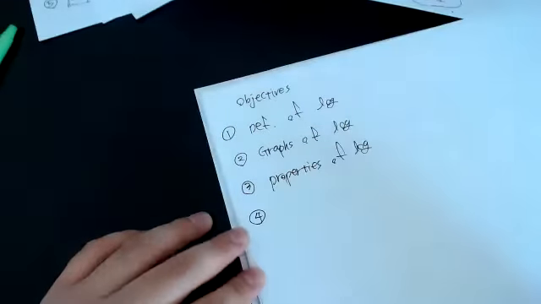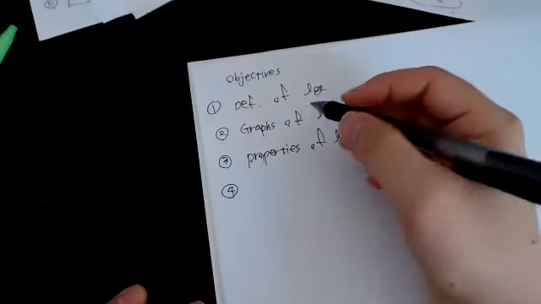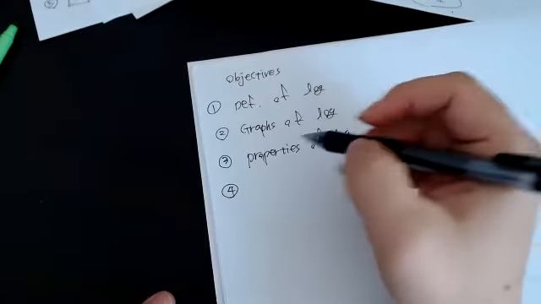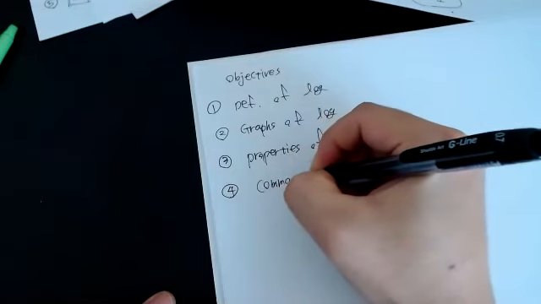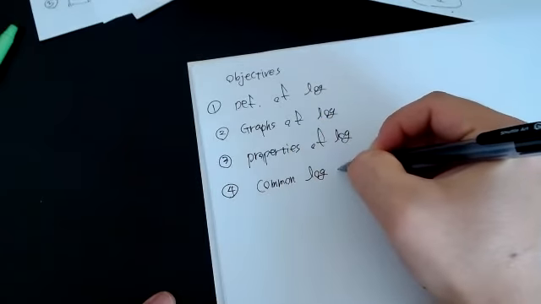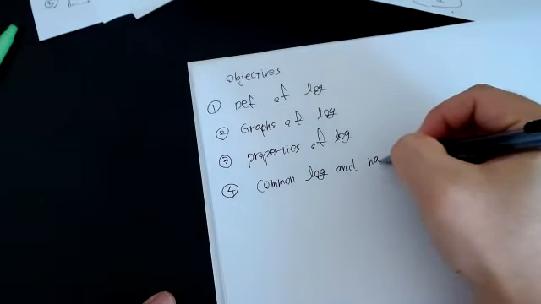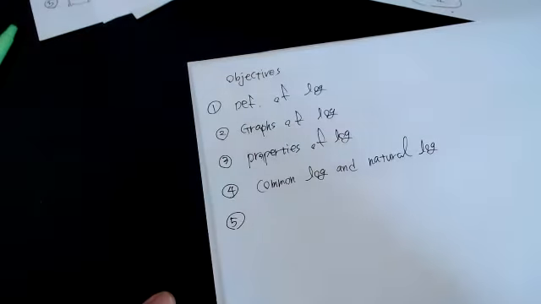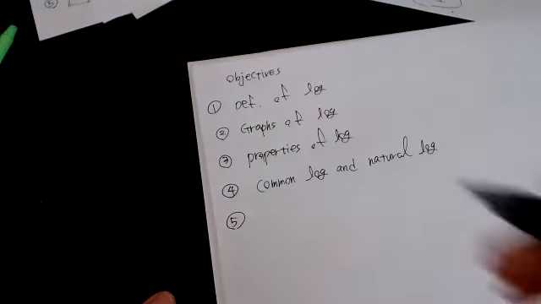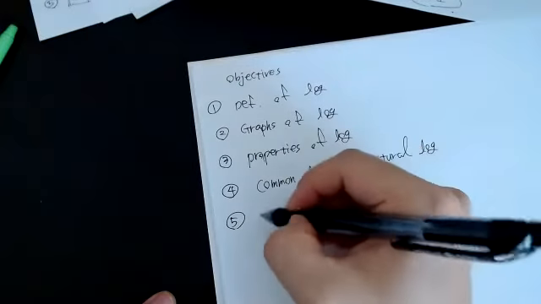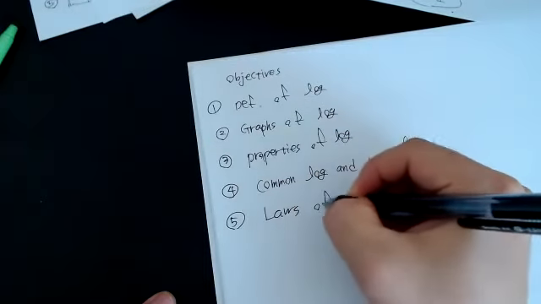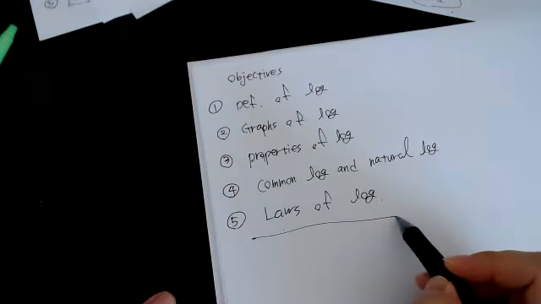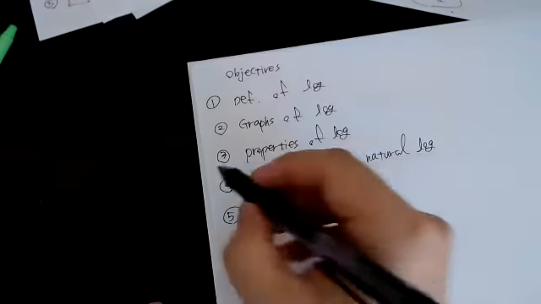The fourth one, we see the common log and natural log. For 5, we're going to study laws of logarithms. Maybe I'm going to introduce one first. This is quite important.